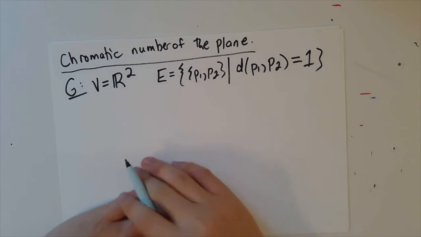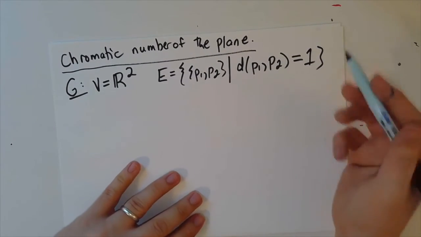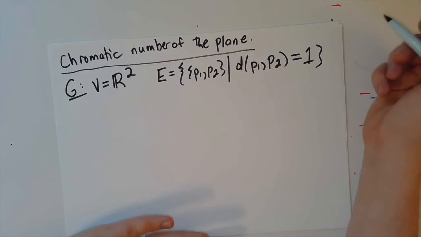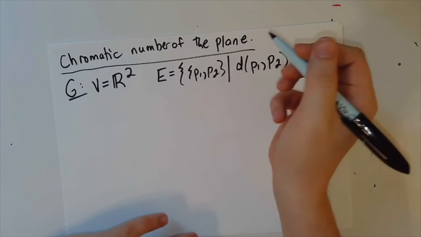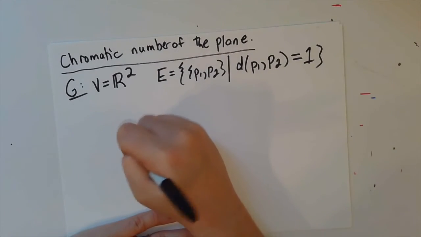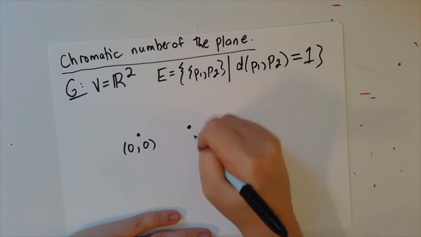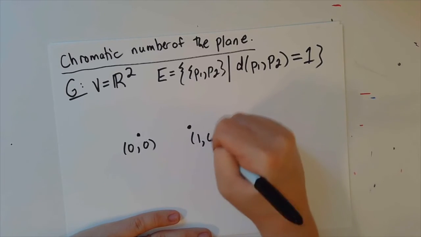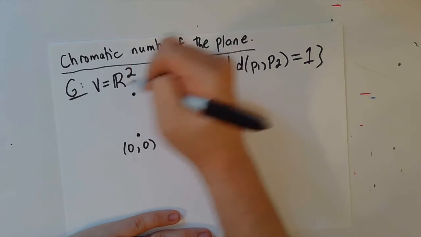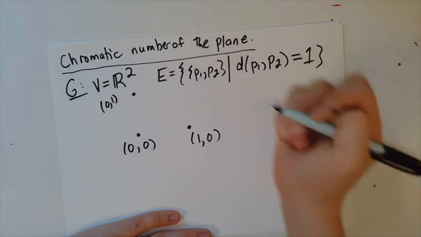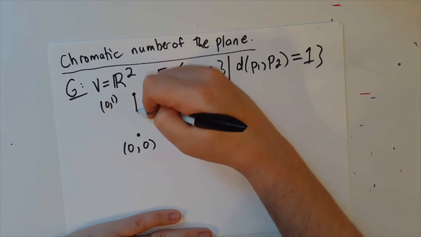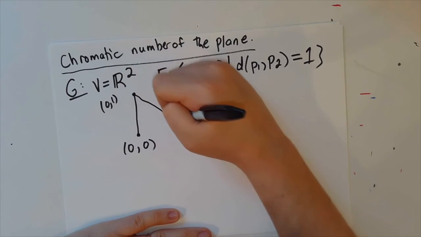Okay, so for example, if I pick as my points, let's say 0, 0, that's 1 point, that will be connected to the point 1, 0. It'll be connected to the point 0, 1. So these two will be connected.